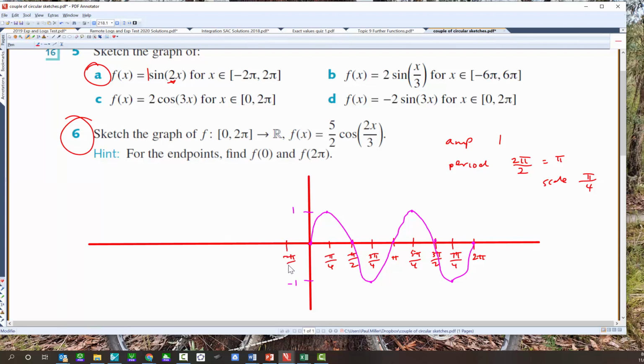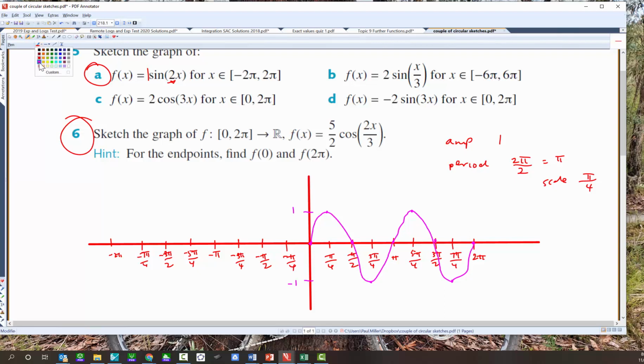This is going to be negative pi on 4, negative 2 pi on 4, which is negative pi on 2, negative 3 pi on 4, negative pi, negative 5 pi on 4, negative 6 pi on 4, which is negative 3 pi on 2, negative 7 pi on 4, and negative 2 pi.